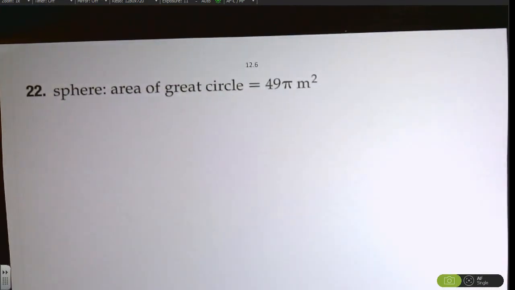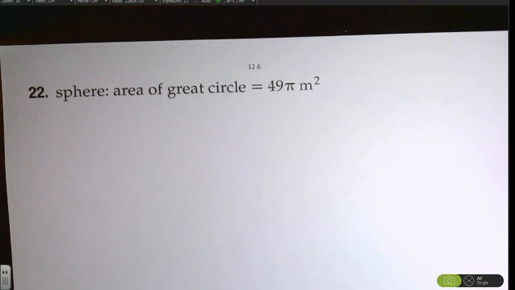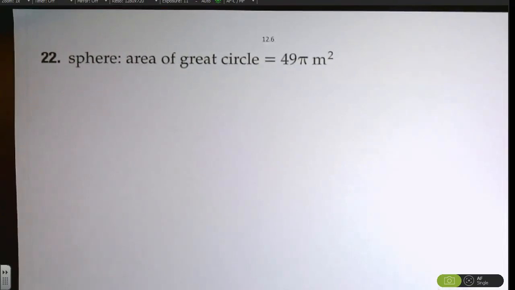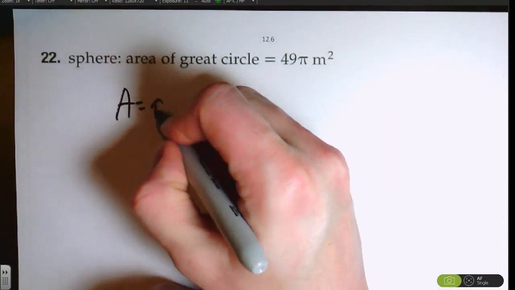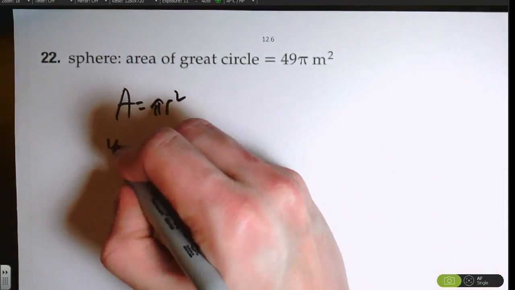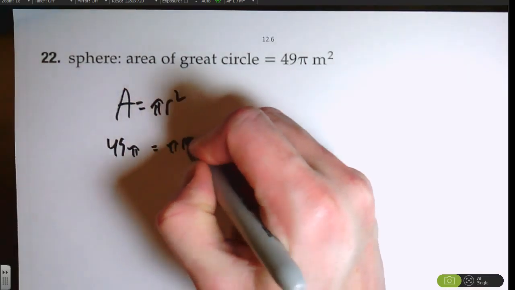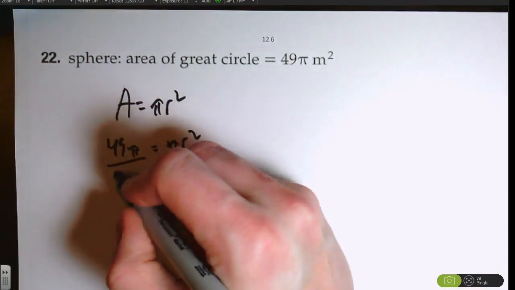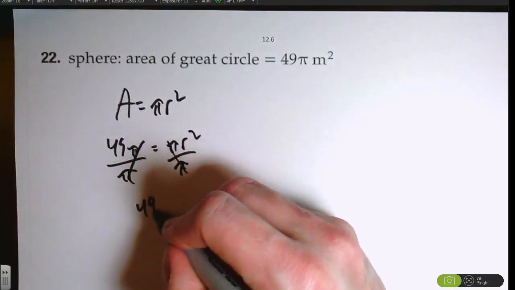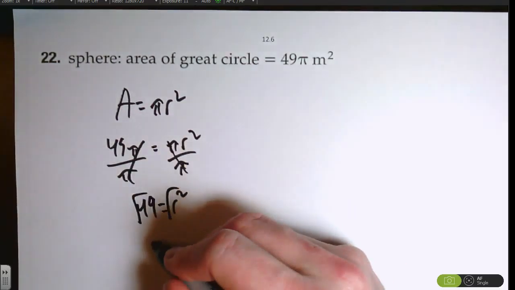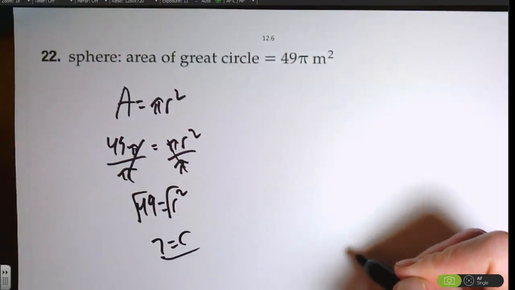Okay. Next example, number 22. We're going to find the volume of a sphere, but this time we've got the area of a great circle. Well, area is pi r squared, so 49 pi equals pi r squared. Divide by pi. 49 is r squared. Take the square root. 7 is the radius.